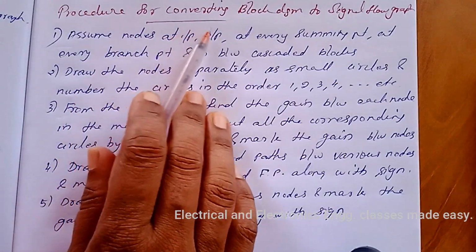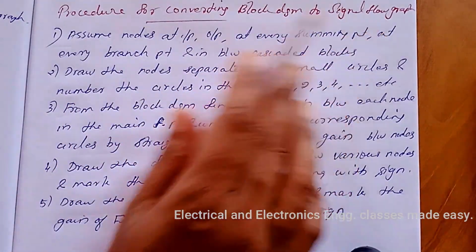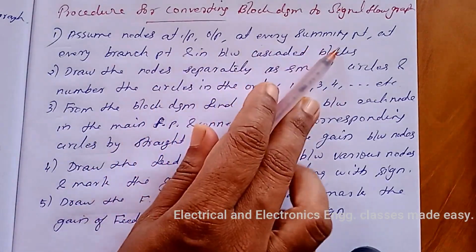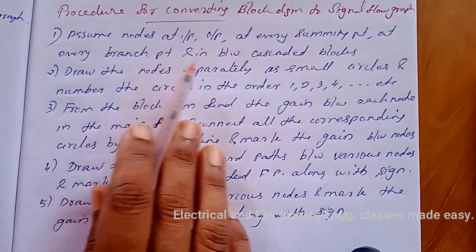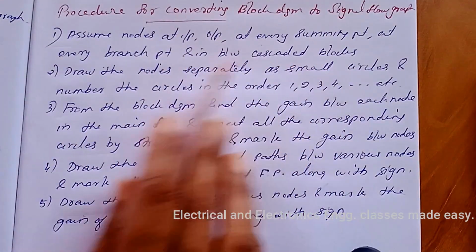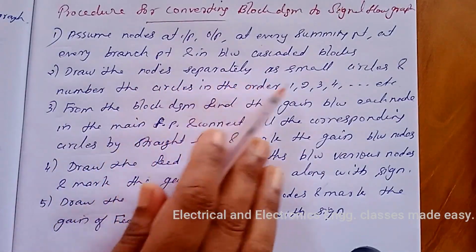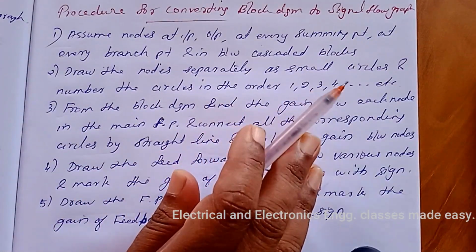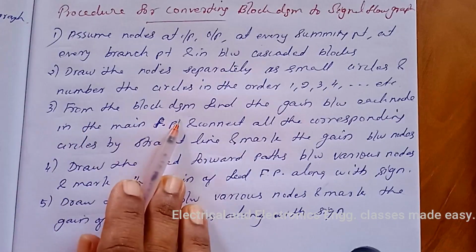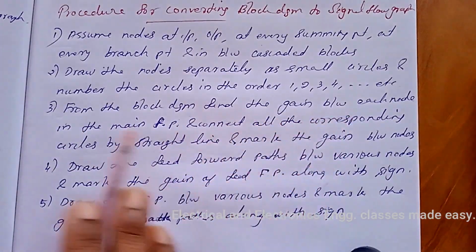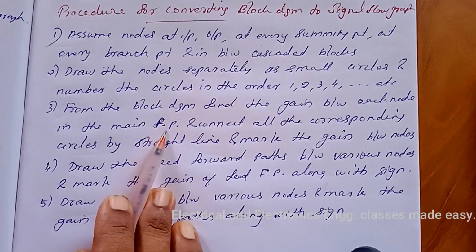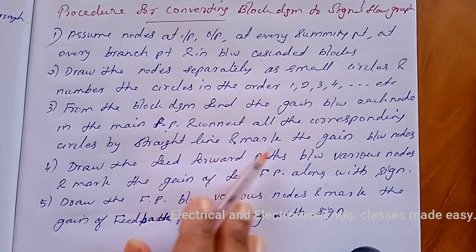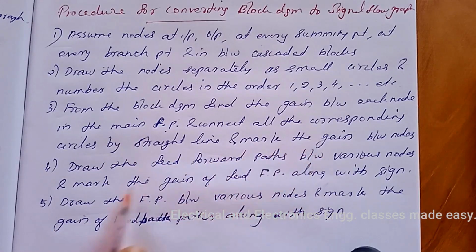Next is the procedure for converting block diagram to signal flow graph. First one is assume nodes at input, output, at every summing point, at every branch point and in between cascaded blocks. Second one, draw the nodes separately as small circles and number the circles in the order 1, 2, 3, 4, etc. Third one, from the block diagram find the gain between each node in the main forward path and connect all the corresponding circles by straight line and mark the gain between nodes.